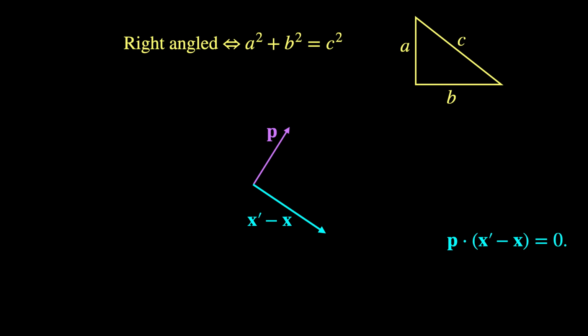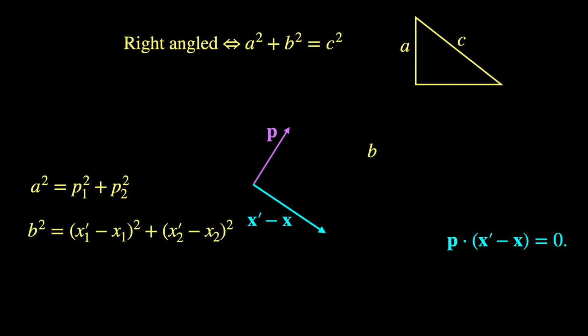To find length a, the length of the price vector, notice that p moves p1 in the first dimension and p2 in the second, and so a squared equals p1 squared plus p2 squared. To find length b, notice that this vector increases x prime 1 minus x1 in the first dimension and decreases x prime 2 minus x2 in the second, so b squared is equal to this.